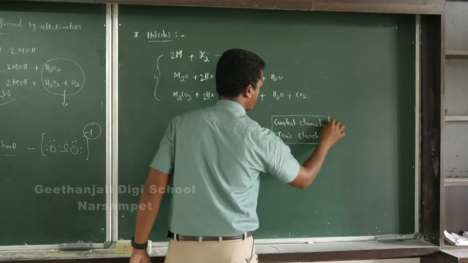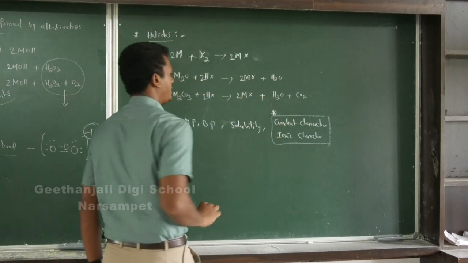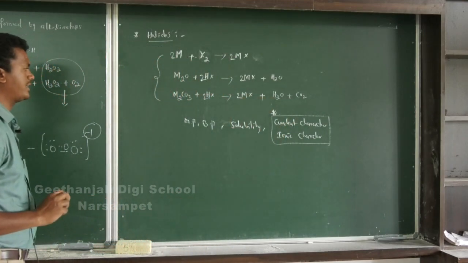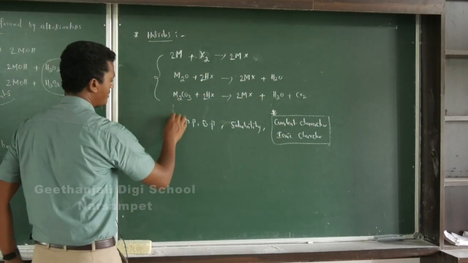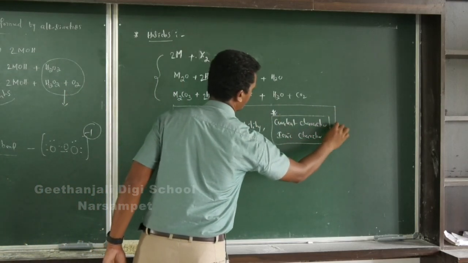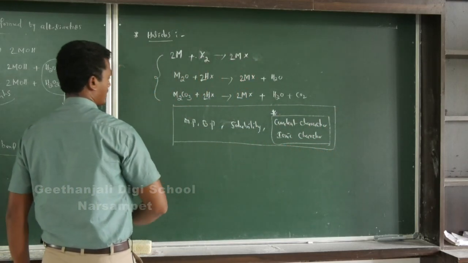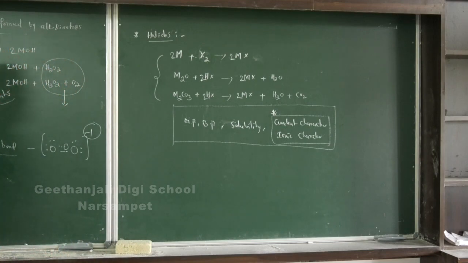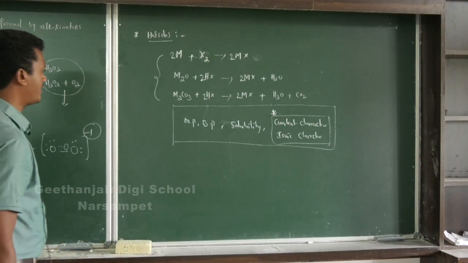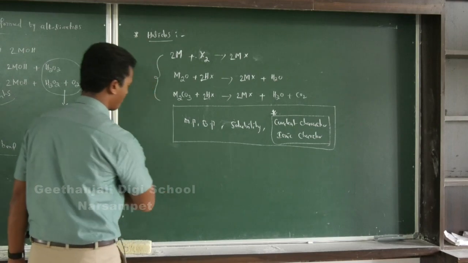Very important, this is identifying covalent and ionic character for the respective halides. Their melting points and solubility will be decided by three important concepts, three important terms, three important properties.